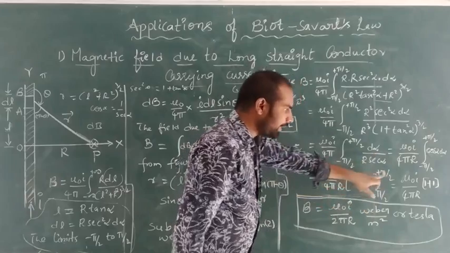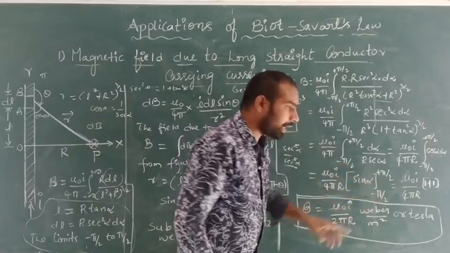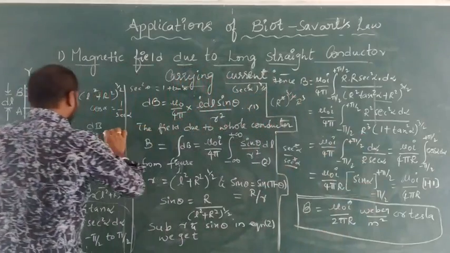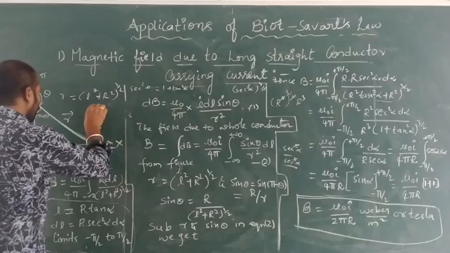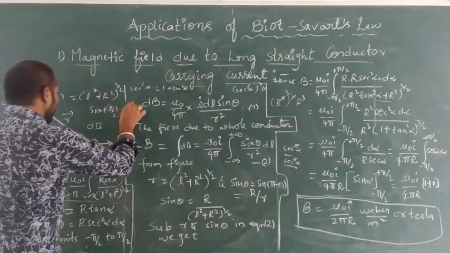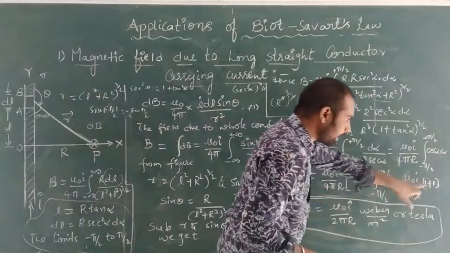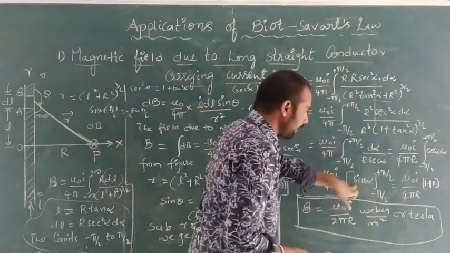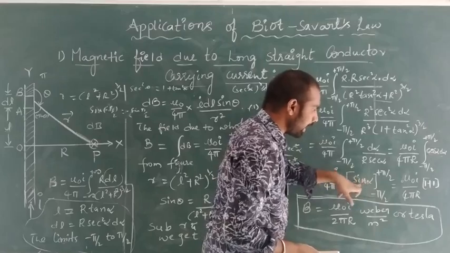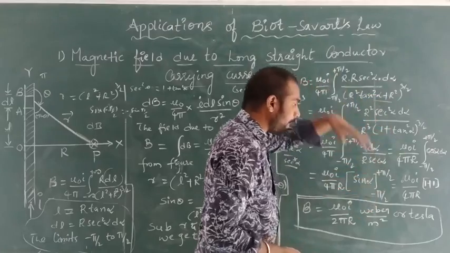Now apply the limits. Sin pi by 2 is 1, minus sin of minus pi by 2. Sin of minus theta is minus sin theta, so sin of minus pi by 2 is minus sin pi by 2.